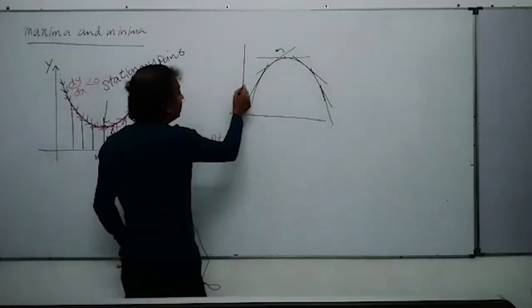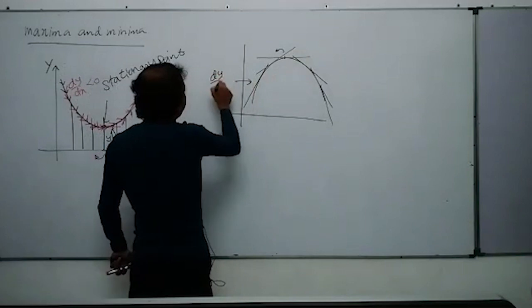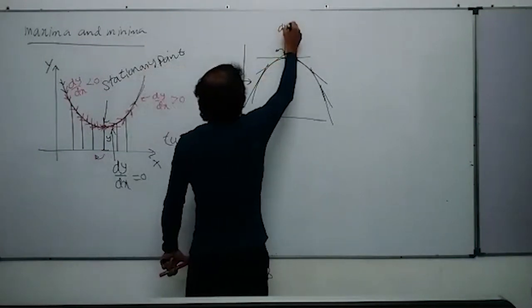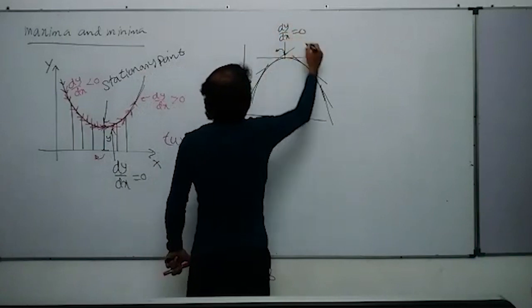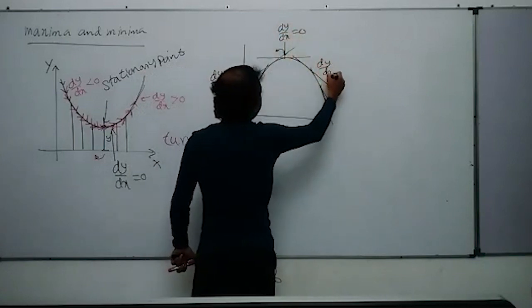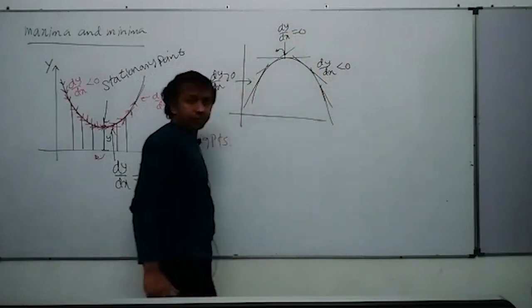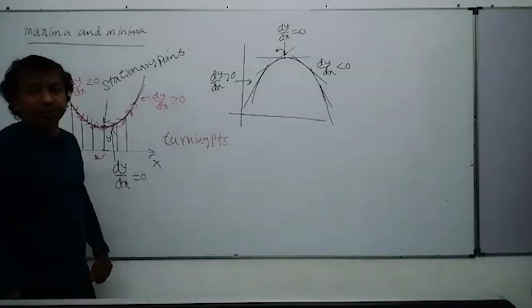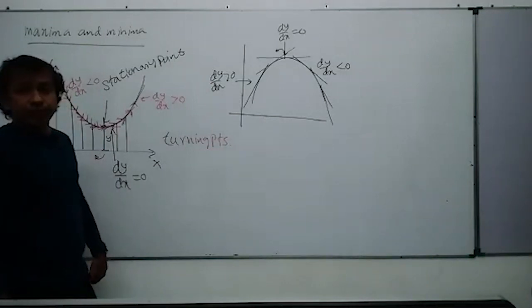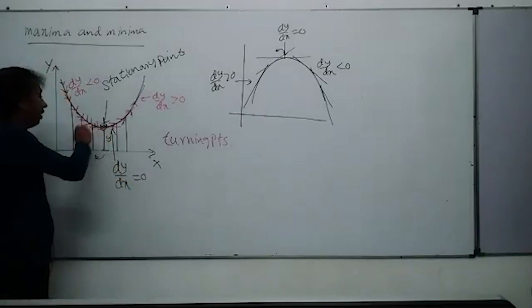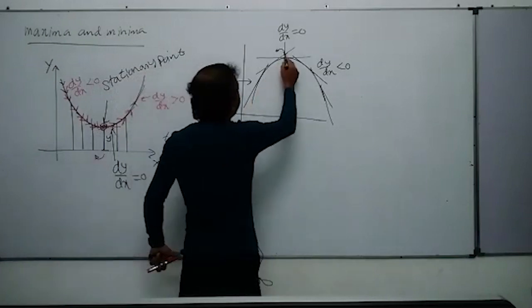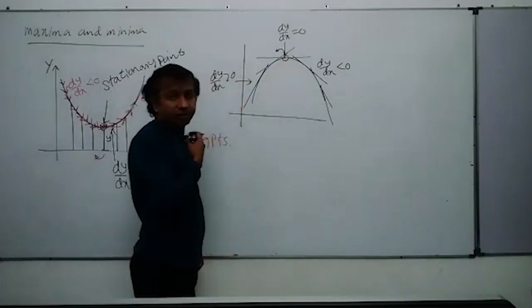Here on the left, dy by dx is positive. At this point, dy by dx is 0. Here, dy by dx is negative. This is another stationary point, a maximum point, right? So this point is called the minimum point or simply minima. This is called the maximum point, maxima.